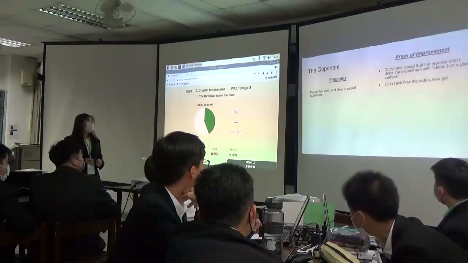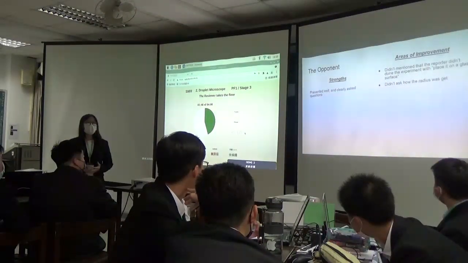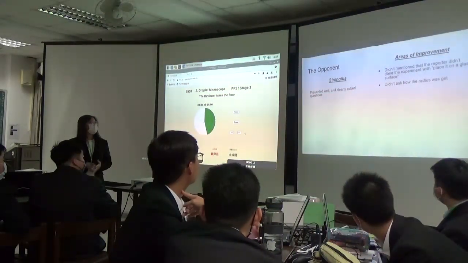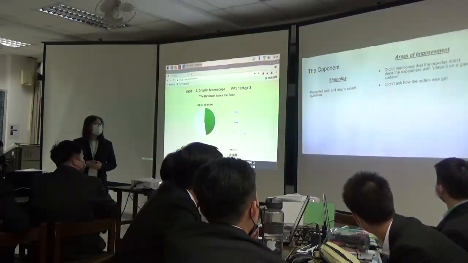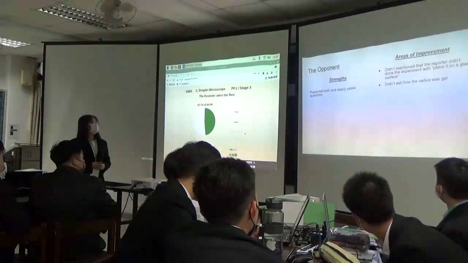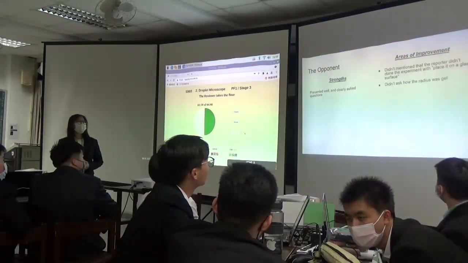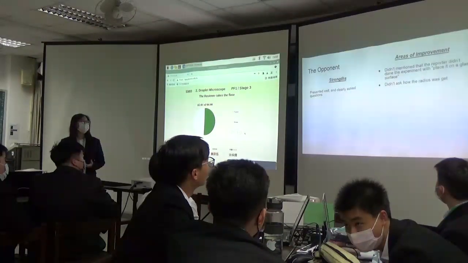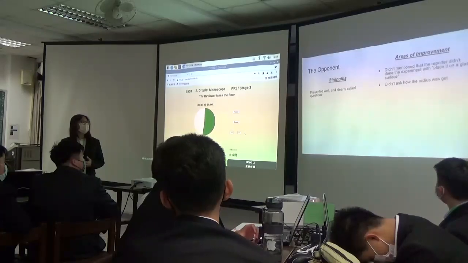Okay, for the opponent, they presented really well, their voice is loud, and they clearly asked their questions. For the areas of improvement, they did not mention that the reporter didn't do the experiment of placing it on a glass surface, and also they did not ask how the radius was measured.